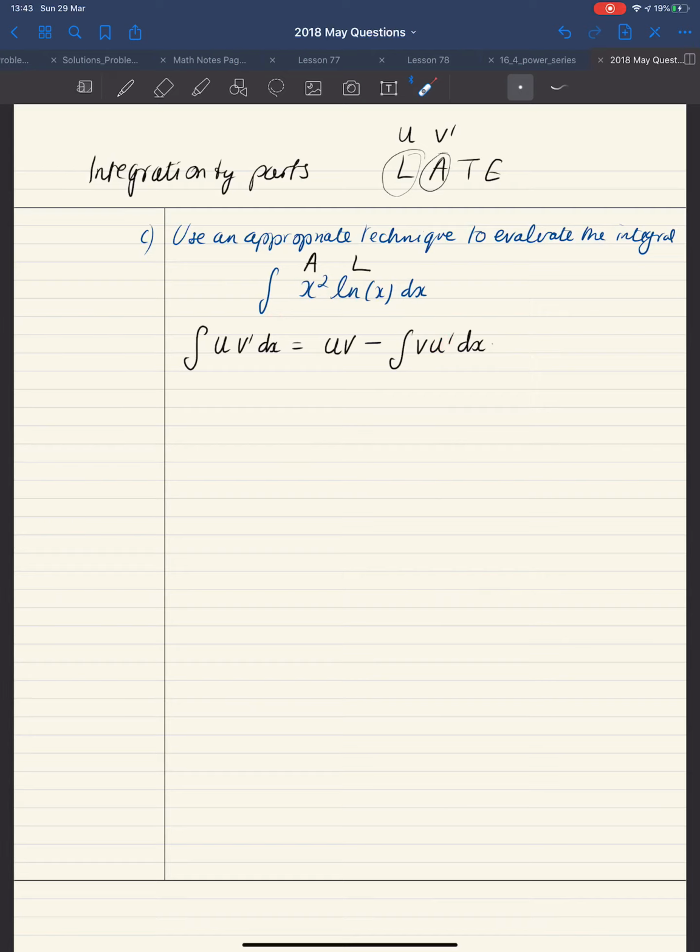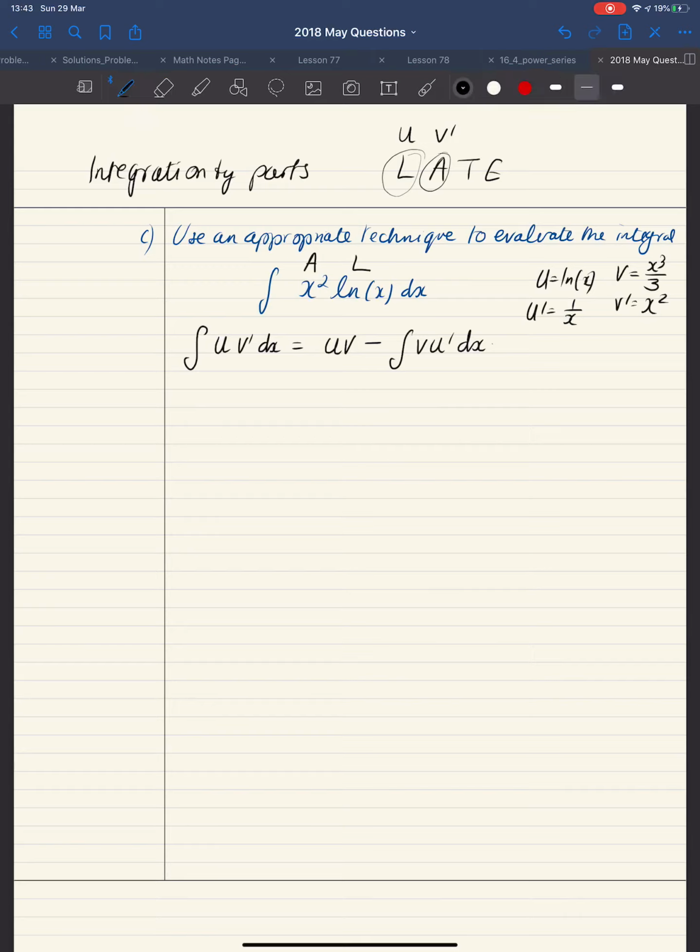And because ln differentiates to 1 over x, that's going to simplify the v. So that's the thought there. So we've got u is ln x, v dashed is x squared, u dashed is 1 over x, v is x cubed over 3. Let's add 1 to the power, divided by the new power.